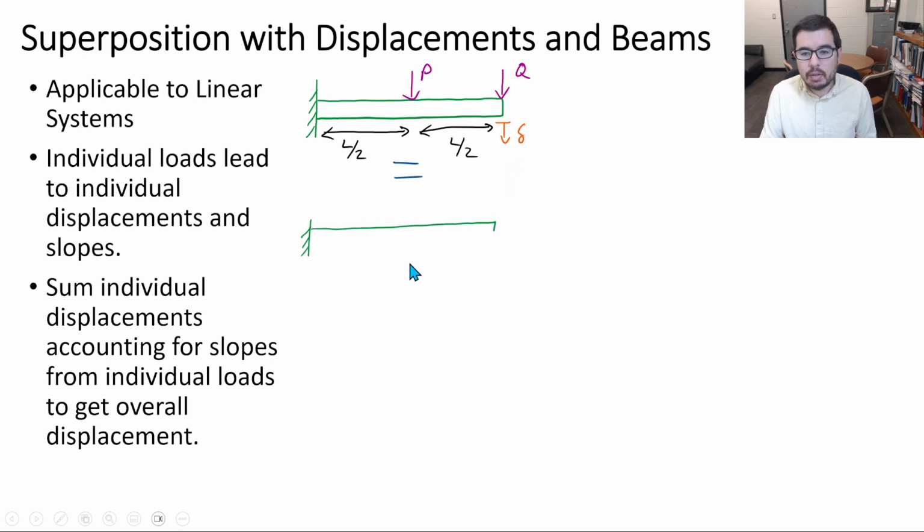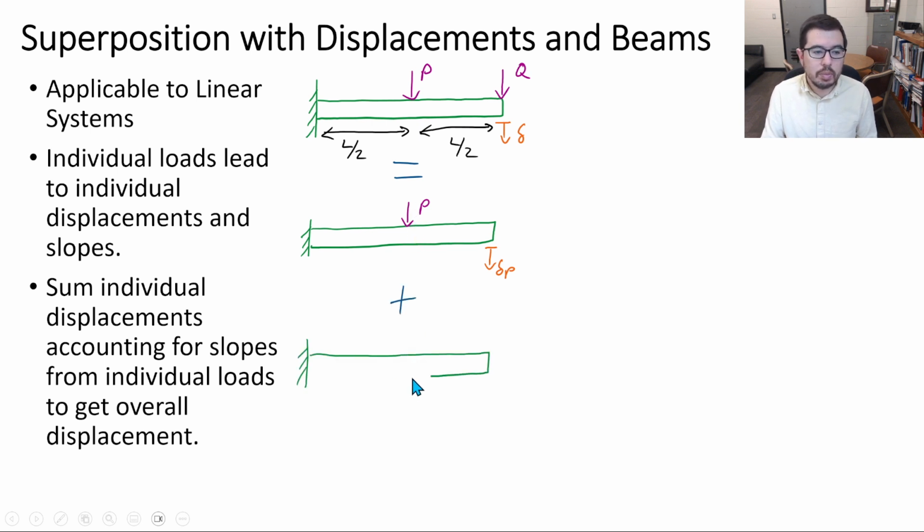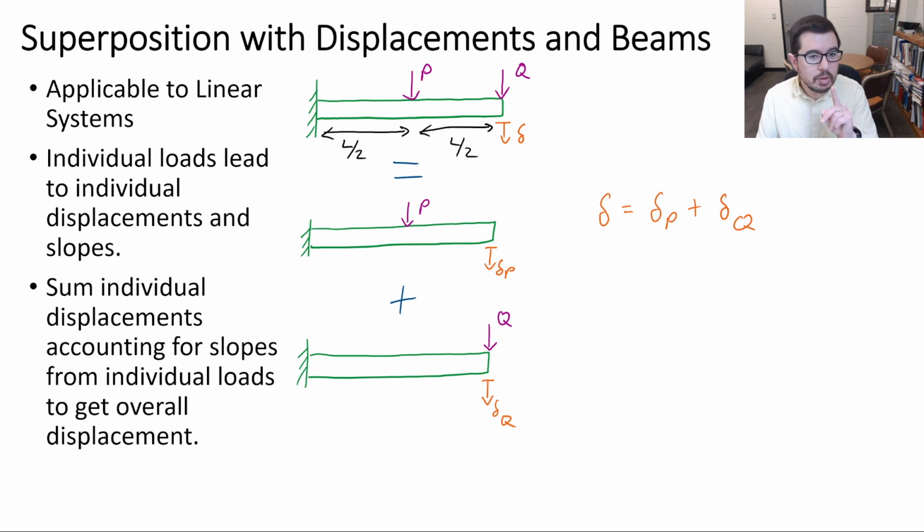We can break this down into being a system that has the load from P, and that's applied in the middle, and then say, okay, there's some delta P from this applied load here, and as you're probably thinking, now I've got to have this other load Q, and so I'm going to put that here, and I'll have on the right this delta Q, and we'll say that the overall deflection can be thought of as being delta P plus delta Q.